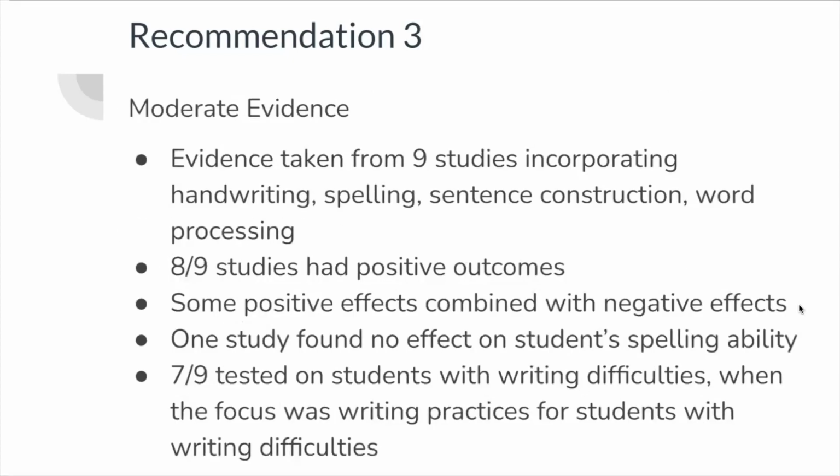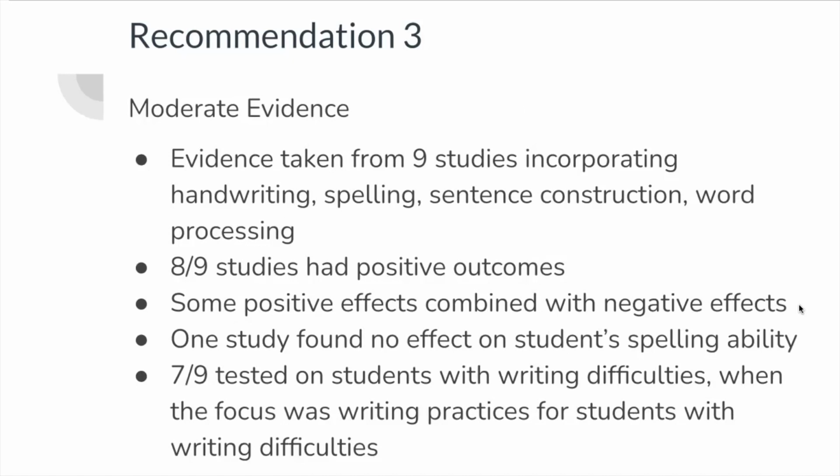So for example, recommendation 3 was rated as moderate evidence as evidence from 9 studies incorporating handwriting, sentence construction, and word processing were included. And 8 out of 9 of those studies had positive outcomes, meaning that the students did grow from what was shown in those studies.